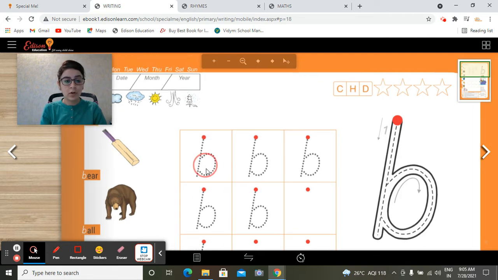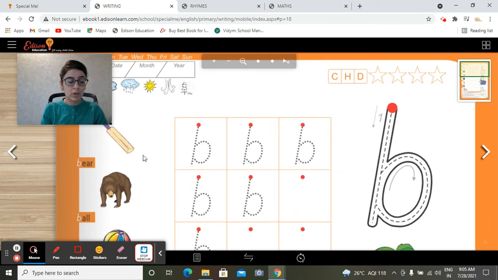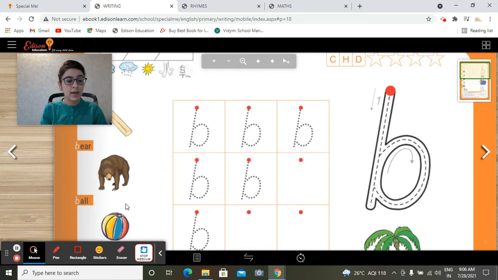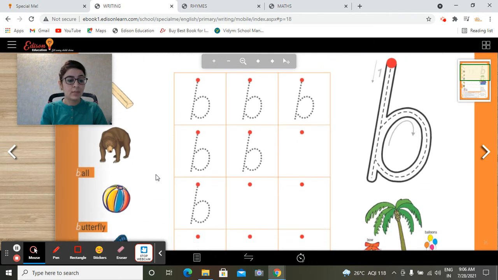Okay. First of all, we will recall these objects related to letter B. So what is this? B, bat. B, bear. B, ball. You all play with bat and ball, na?